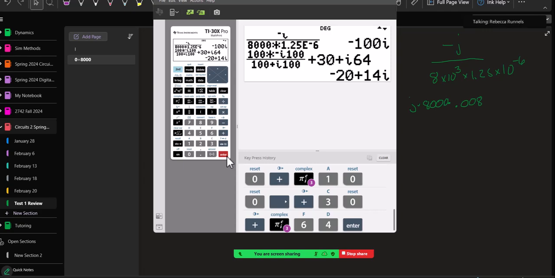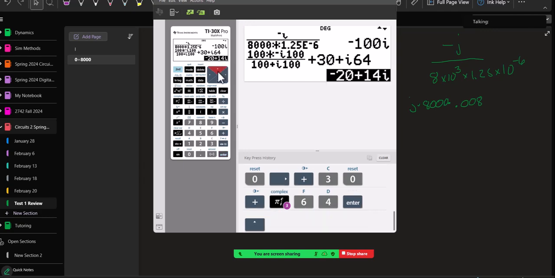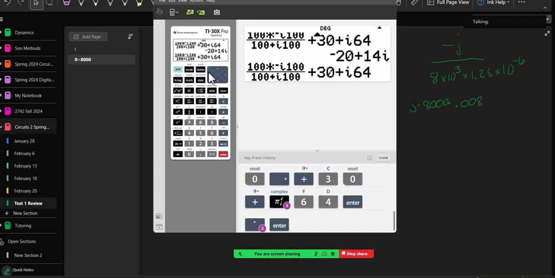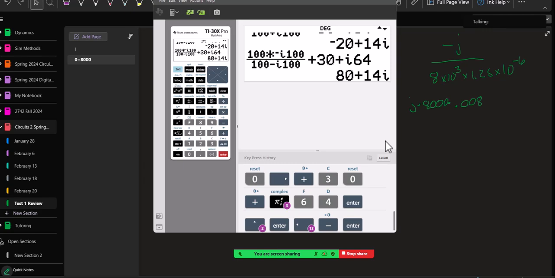I forgot a minus sign in the denominator. So 80 plus J14.